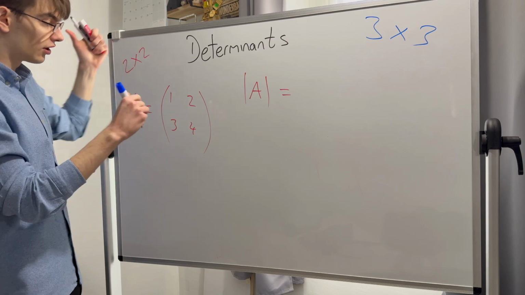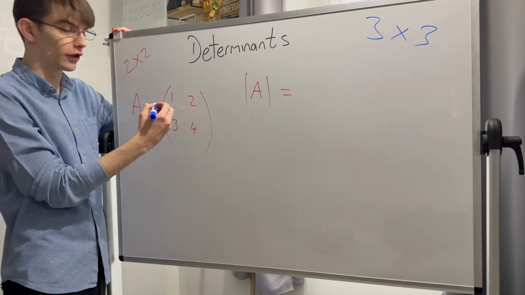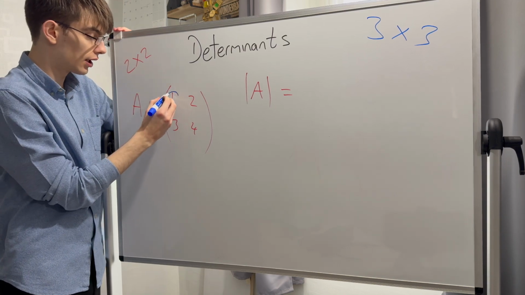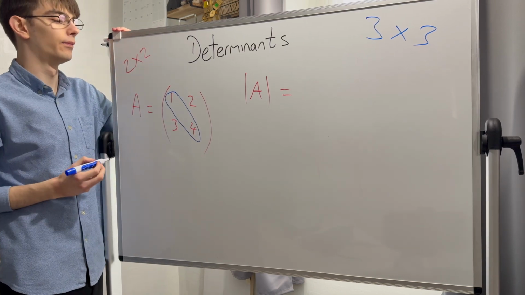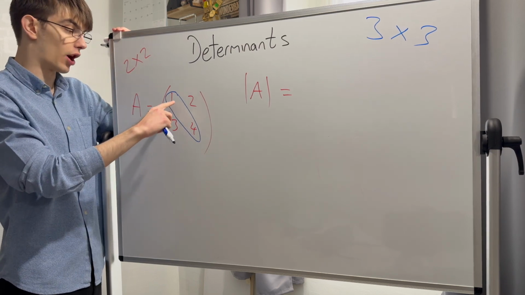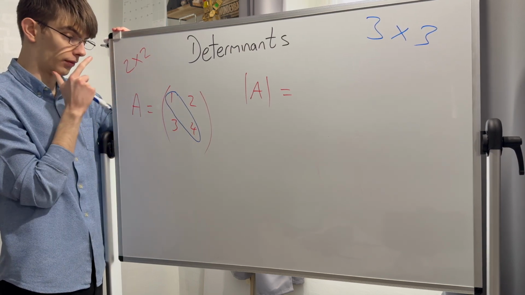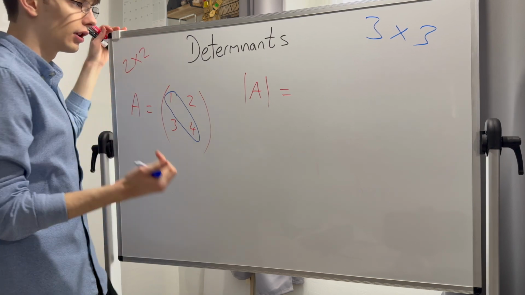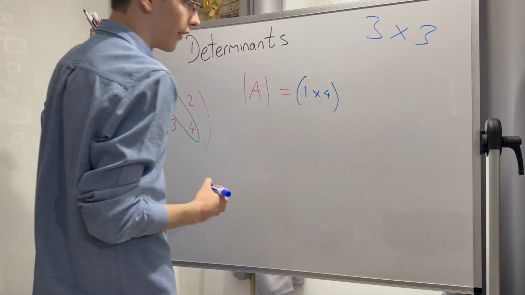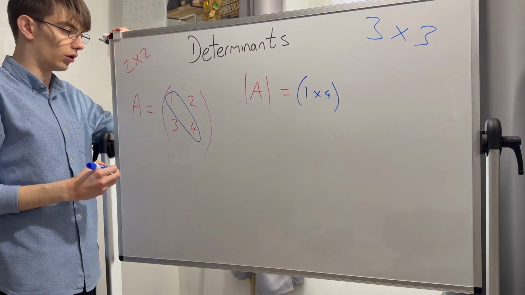First, I start in the top left of my matrix with this 1 and draw a line diagonally to find its diagonal counterpart. So I've got 1 and 4, and I multiply those together. 1 times 4 is 4.